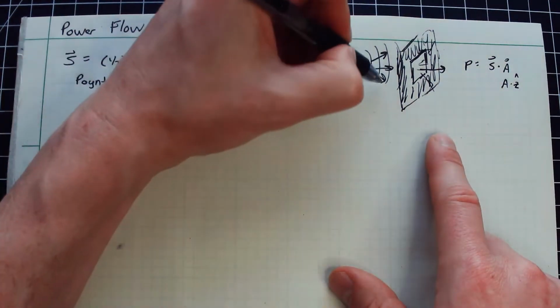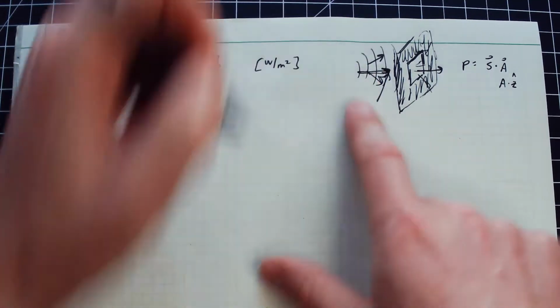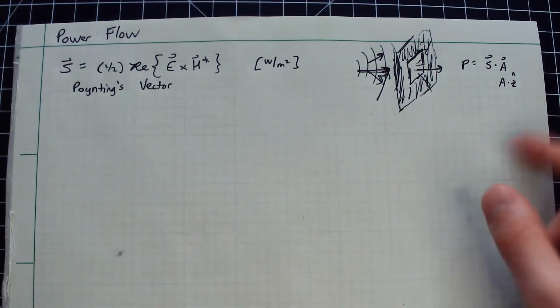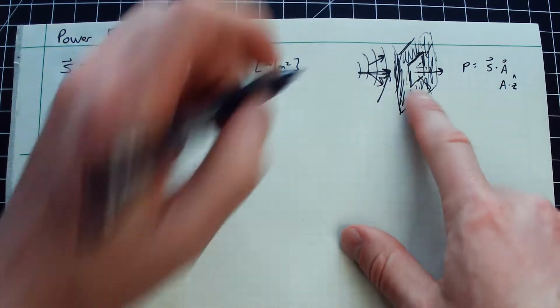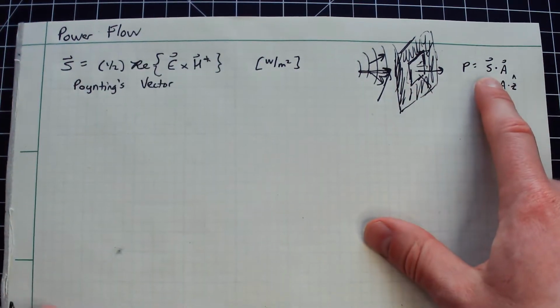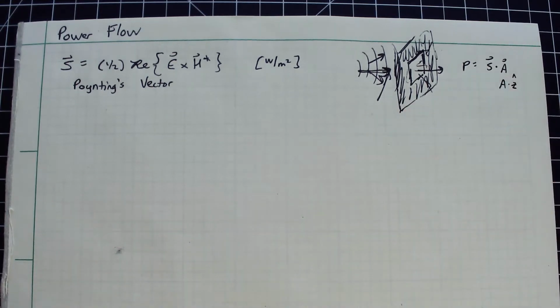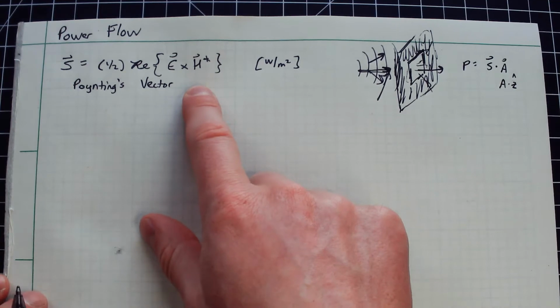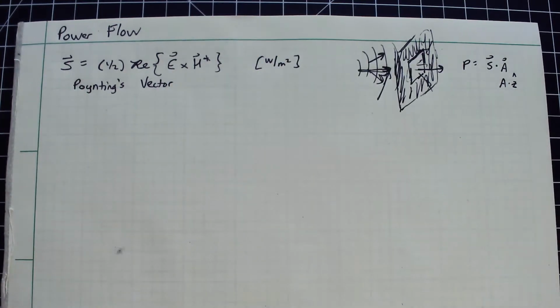So a wave going this way will capture less power than a wave striking it directly. So you have to think of it as this dot product. And if I integrate this vector over this particular area, then I can account for the fact that this is maybe not a constant value across that little aperture, which is going to happen in a waveguide. So just keep in mind, this vector represents the flow of real power, and it may even vary across space and time.